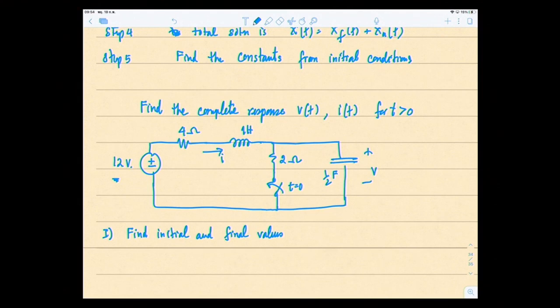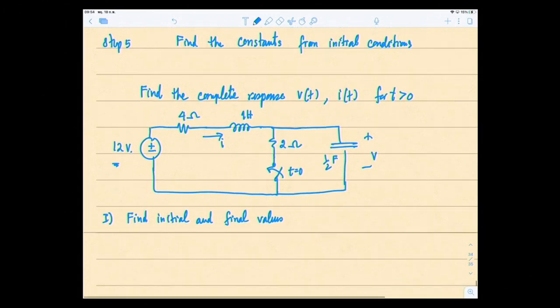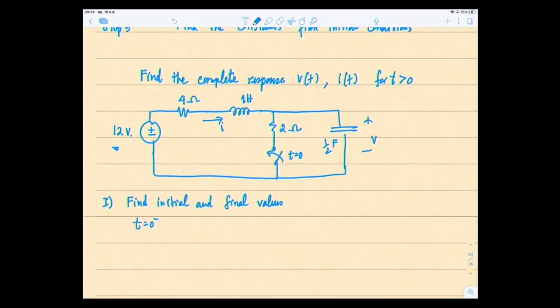So I have to check first, before the switch changes, is there anything stored in my capacitor and in my inductor? For the capacitor, we check whether there is any voltage there. For the inductor, is there any current through the inductor? So I'm going to draw the circuit at t equal to 0 minus. The switch is still open, so plus 12.